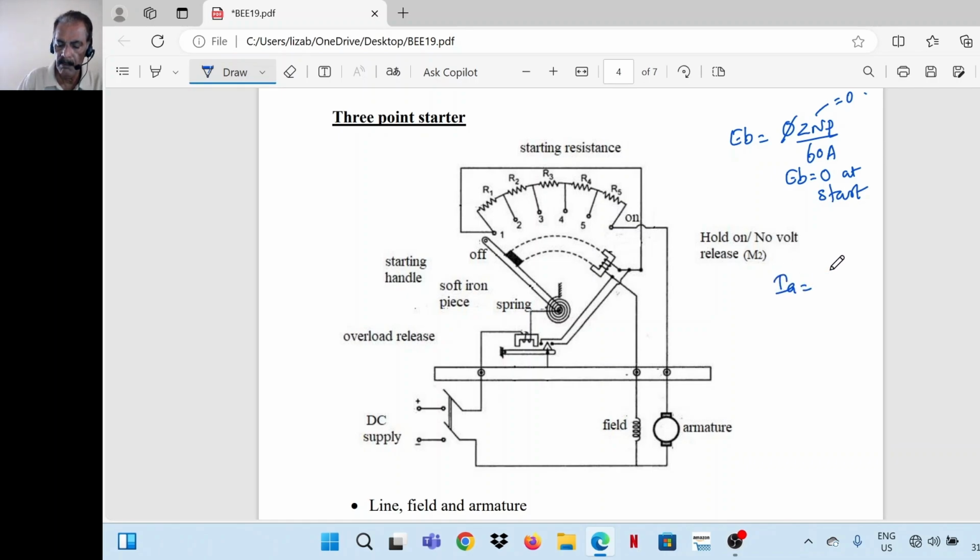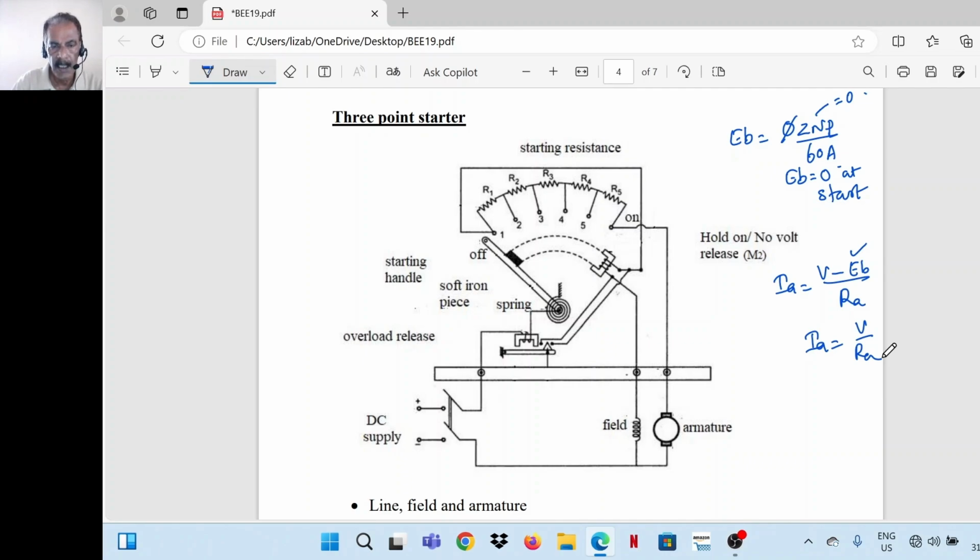Again, Ia is equal to V minus Eb divided by Ra. We know the equation Eb is equal to V minus IaRa. From that, we can write down this equation: Ia is equal to V minus Eb divided by Ra. So at start, Eb is equal to 0, so equation for Ia becomes V divided by Ra.